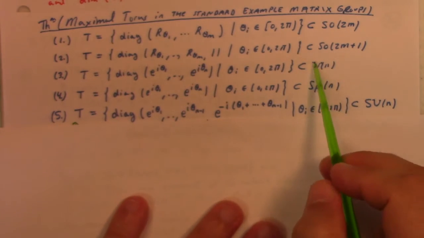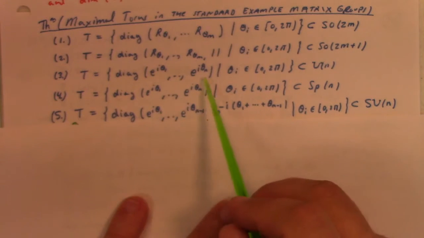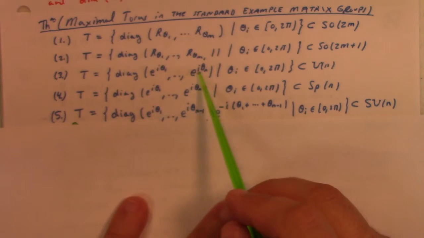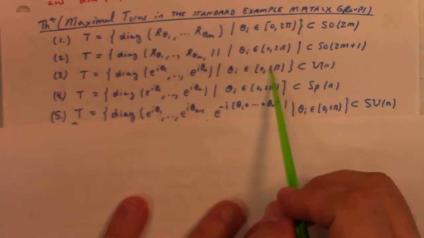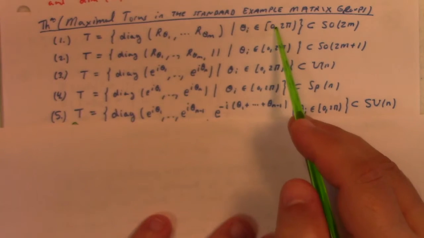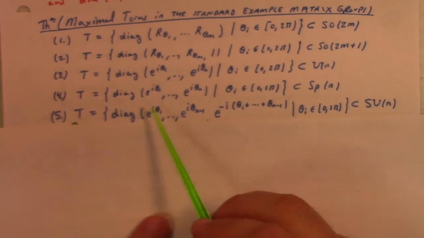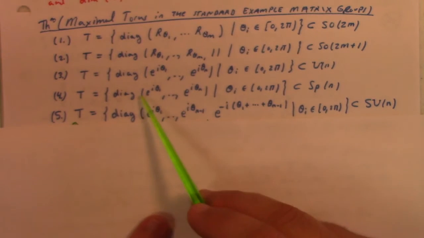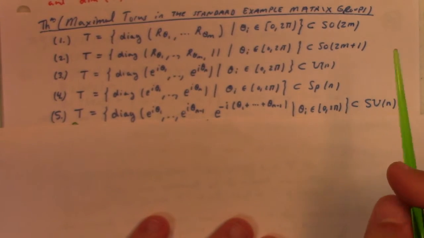For U(n), the maximal torus is just the diagonal matrices with entries e^(i theta_1) through e^(i theta_n), where every theta is taken from 0 to 2 pi, not included. The maximal torus in the symplectic group of order n is the same as for U(n), right?